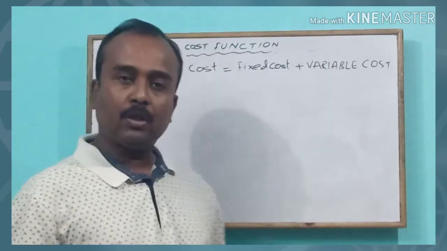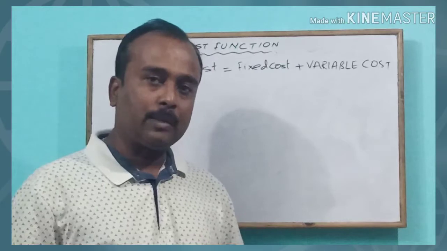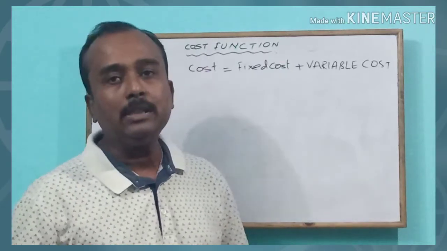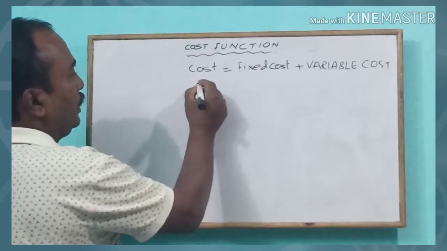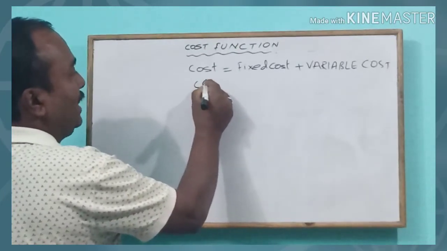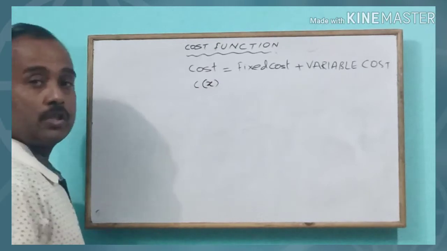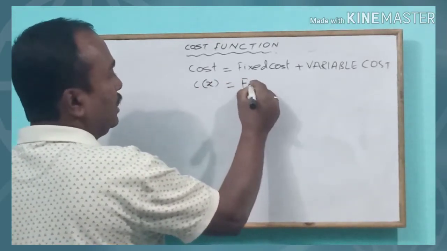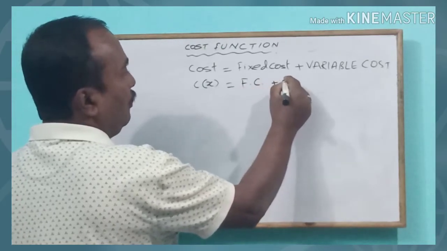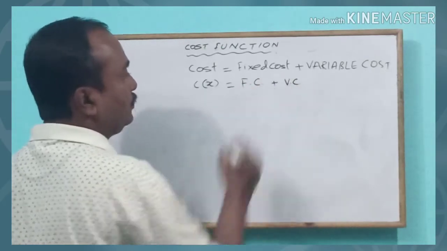And what is variable cost? Variable cost always depends on the number of units produced. So if we denote the number of units produced by x, then cost function C(x) is fixed cost plus variable cost.